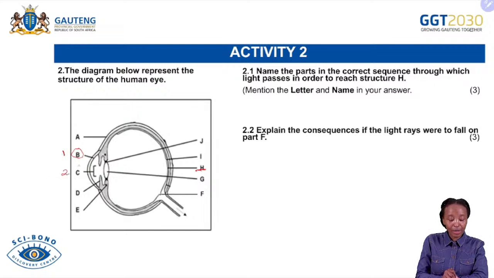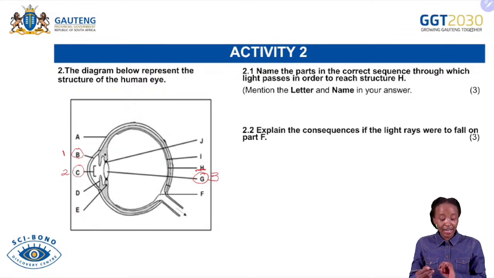Then structure number 2, I would say it's C, the pupil, because remember, once it passes the cornea, it goes through the pupil. And then the third part would be G, which is the lens. And then from here, it will strike H. So we said it's B, cornea, C, the pupil, and G, lens.